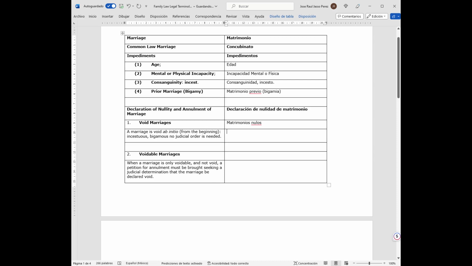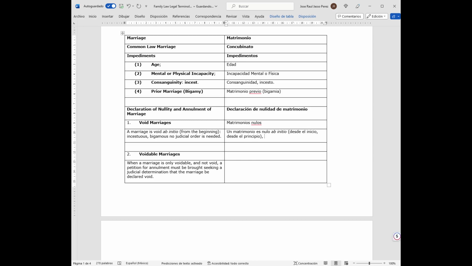So in Spanish, we will translate this as un matrimonio es nulo. We can use the same words in Latin if we want to refer ab initio, which in Spanish means desde el inicio. Desde el inicio, or also desde el principio. Okay?